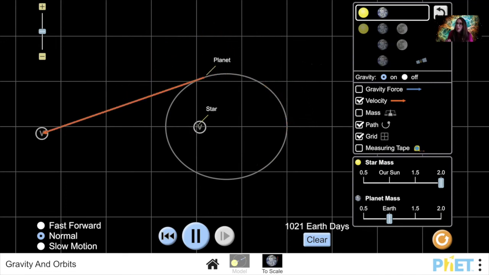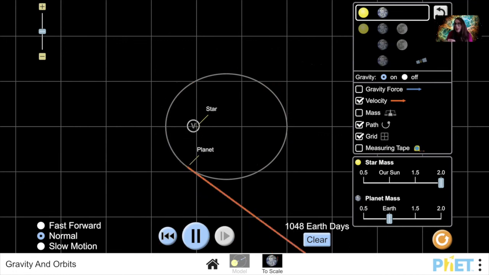So remember, a vector has both a size, that's the magnitude, how large it is, and a direction. The longer that arrow is, the greater the velocity, and the direction that arrow is pointing is the direction of the motion of the planet at that instant.